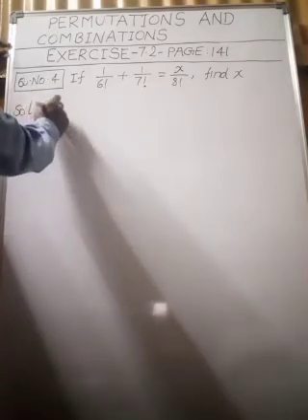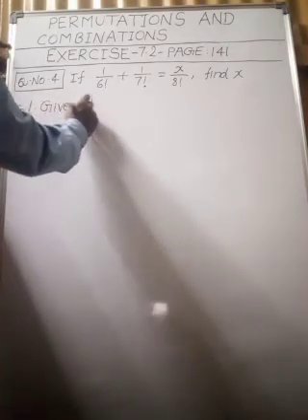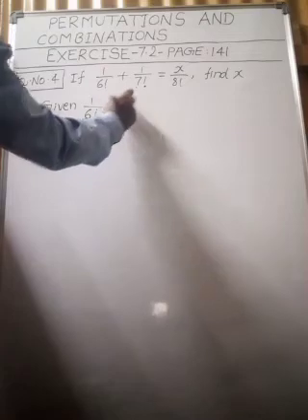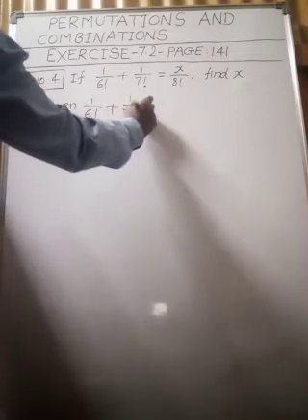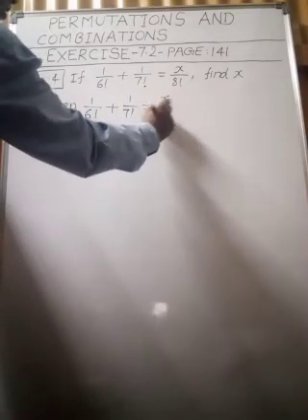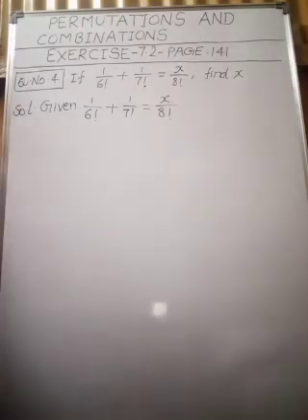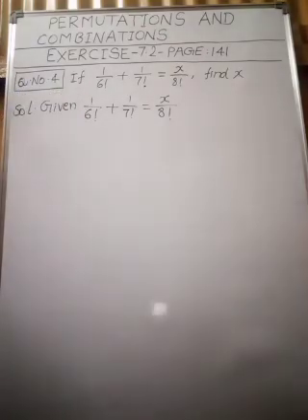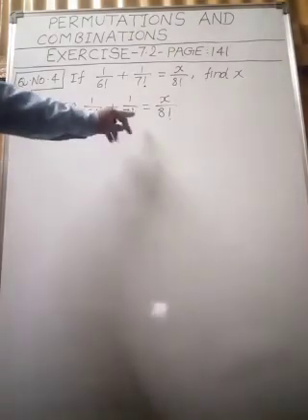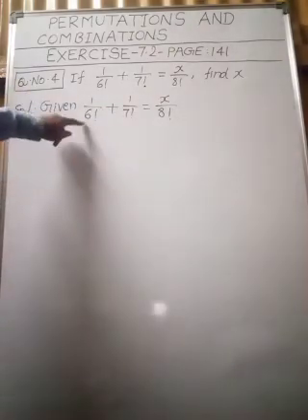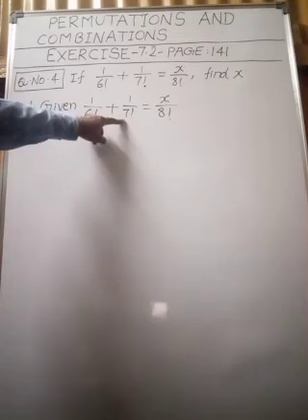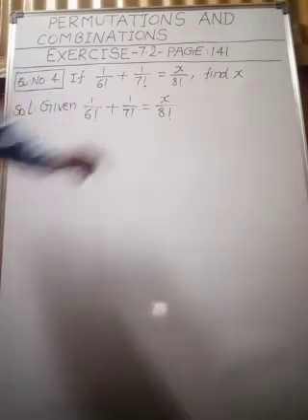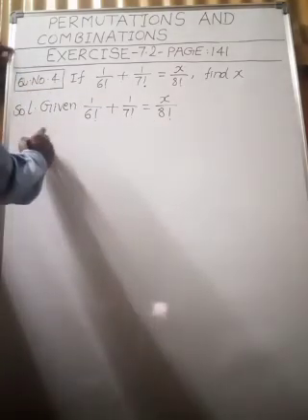Given 1 by 6 factorial plus 1 by 7 factorial is equal to x by 8 factorial. I wrote the given equation as it is. In these three numbers, the least number is 6. So we have to write this number also as 6 factorial, this number also 6 factorial.